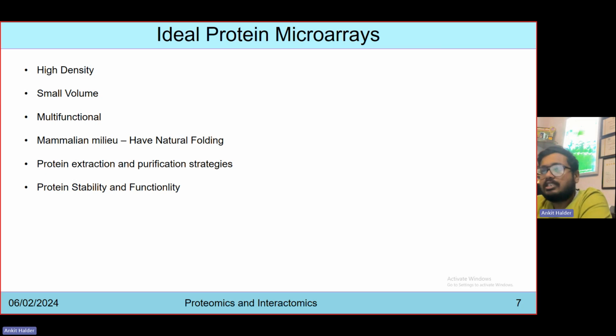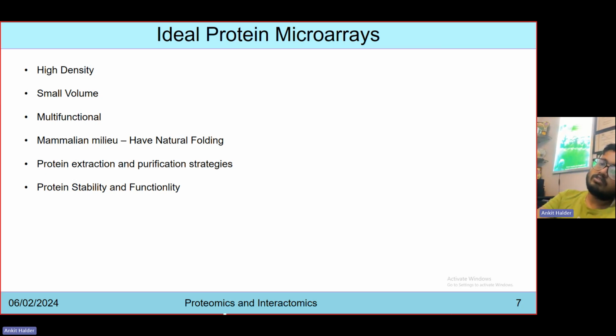The major thing is an ideal protein microarray. We have looked at the ideal biomarker. As I mentioned, anything ideal means having certain properties that make it very useful and widely used by researchers and scientists. So you can frame it this way: you should find an ideal biomarker.